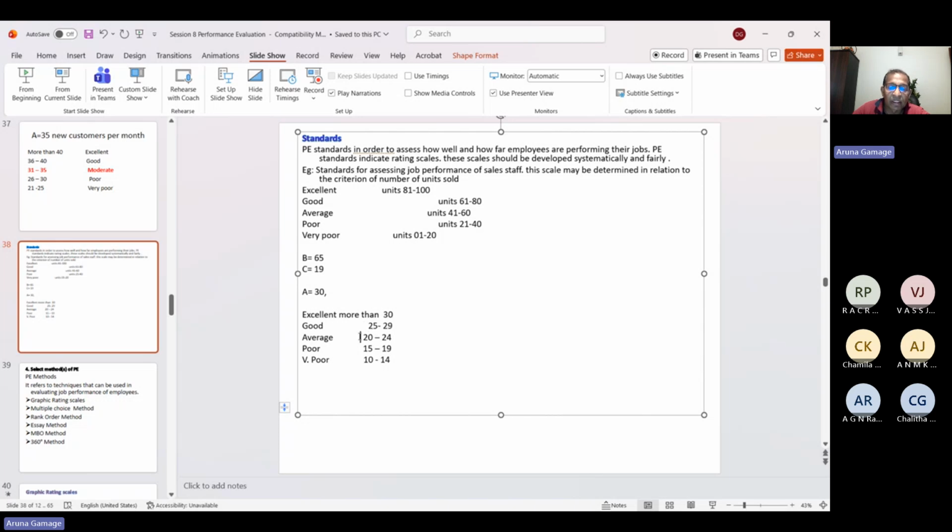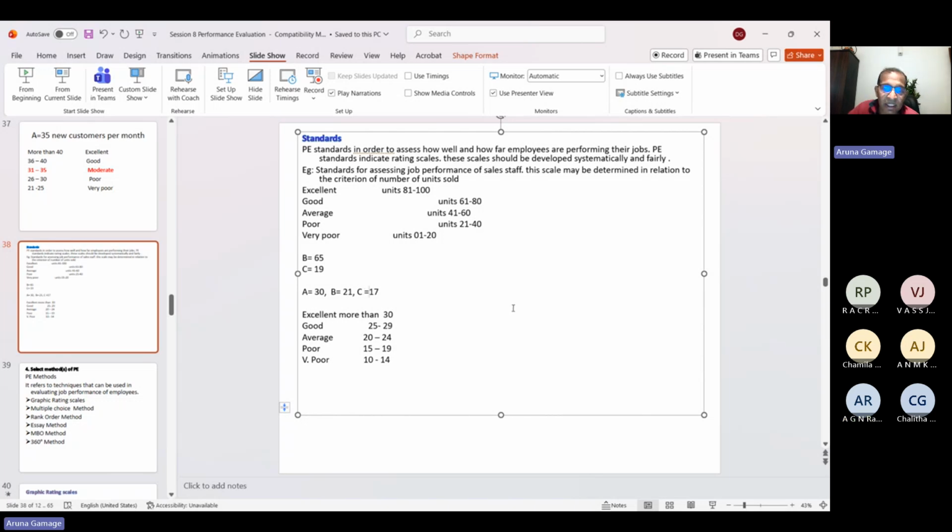If B has created 21, what is his level of performance? Average. C has created 17 new customers. What is the level of performance? Poor.